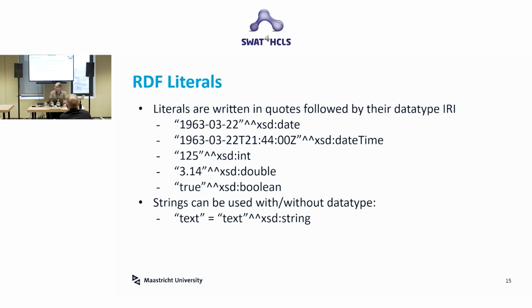It doesn't distinguish whether 125 is numeric or not. But in RDF, the moment you tag this piece of text with xsd:integer, all the software using it will know this is pointing to a number. True is also a piece of text, but you say it's a boolean, which means it's a true or false statement about something. This is how we add semantics to the actual text.